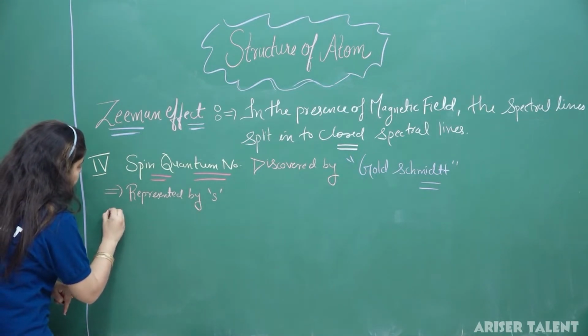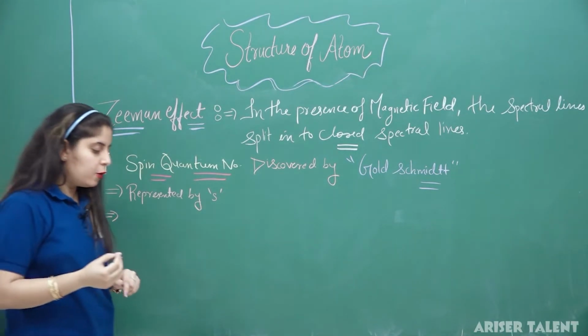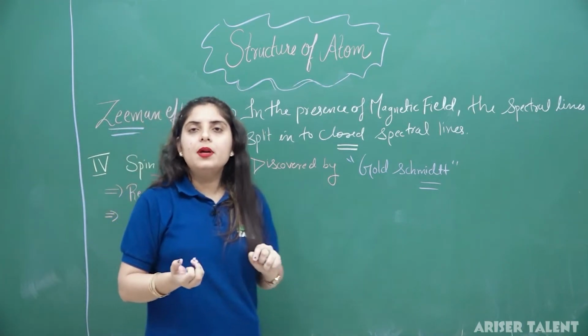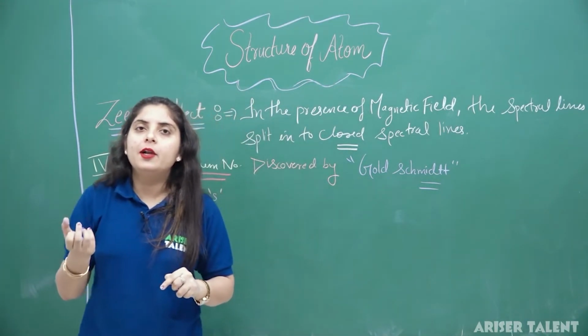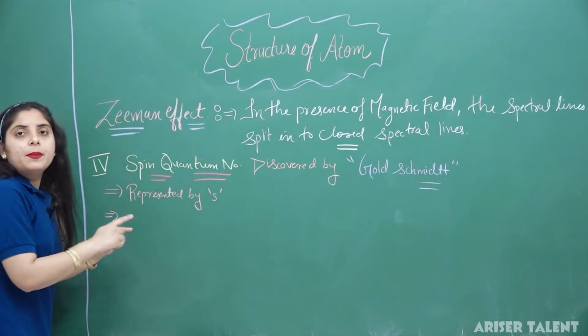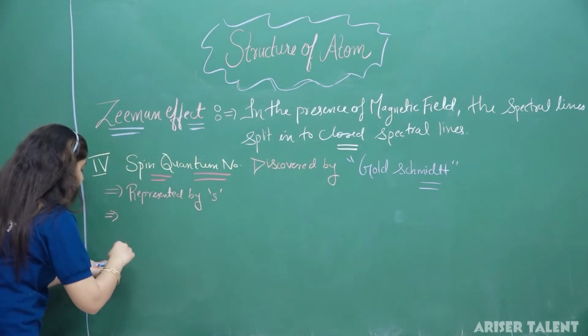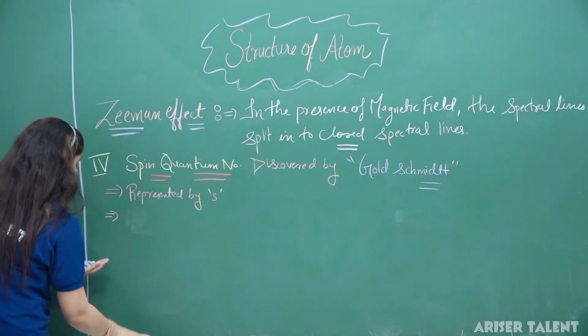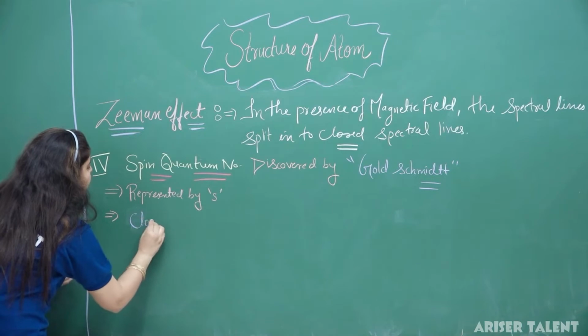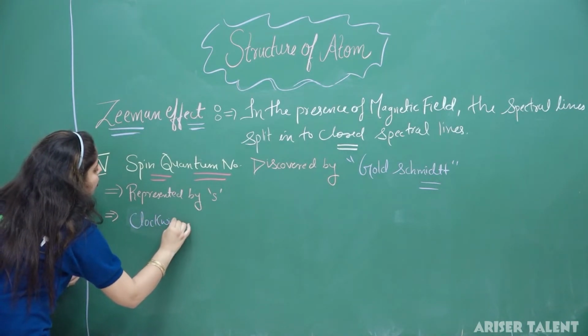Now, what will be the spin of an electron? This spin quantum number basically states that if we want to calculate the spin of an electron, the spin will be in the anti-clockwise direction or the clockwise direction.